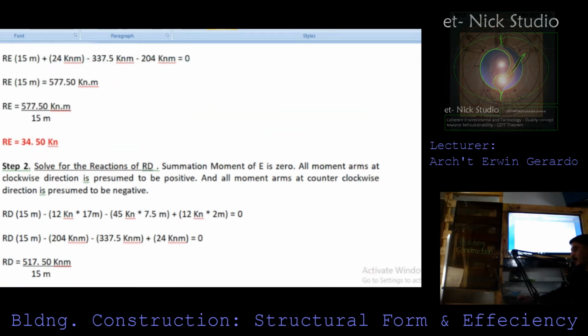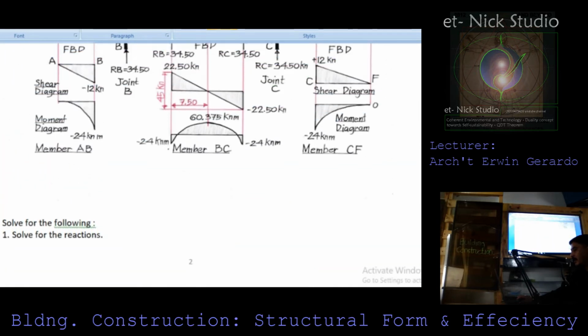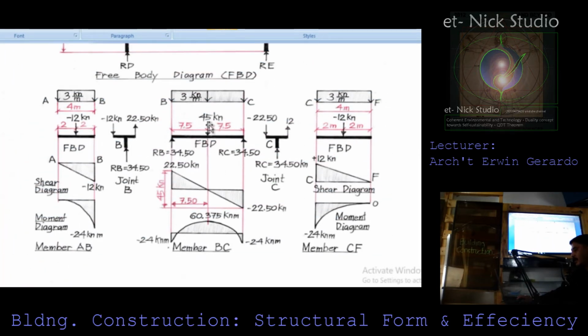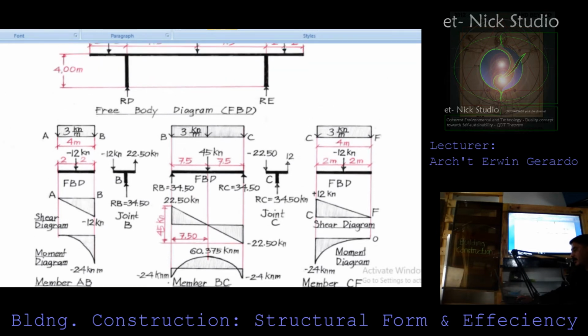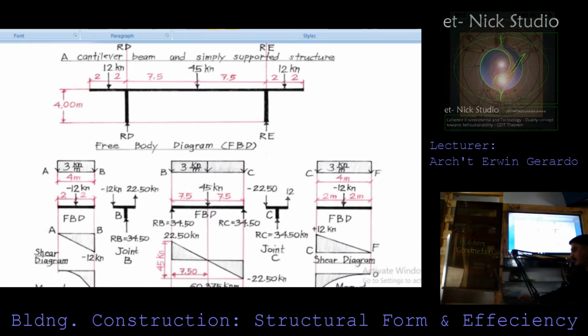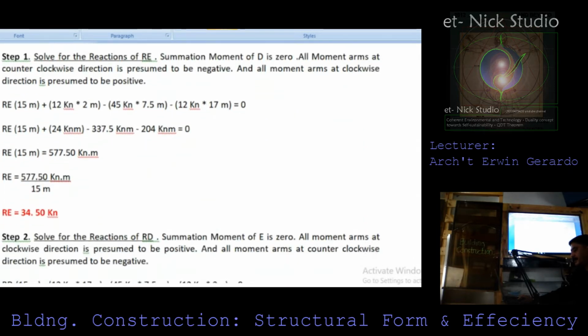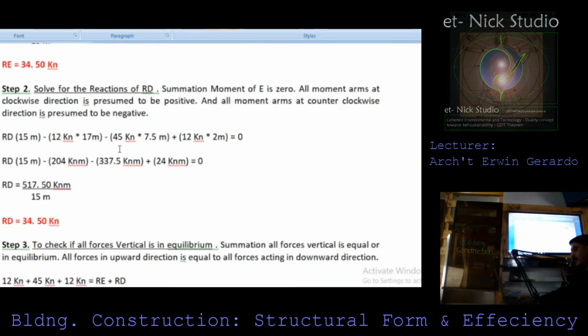If we look at the diagram once again as our reference point, so take note, this is 45 kilonewton times 7.5, but because it is in a counterclockwise direction, it is presumed to be negative. That's why you were able to come up with this sign convention.